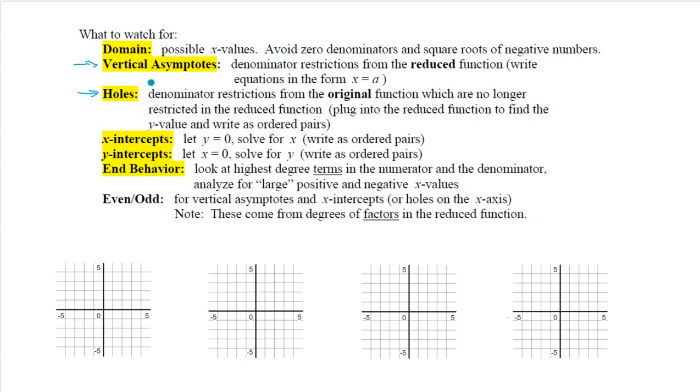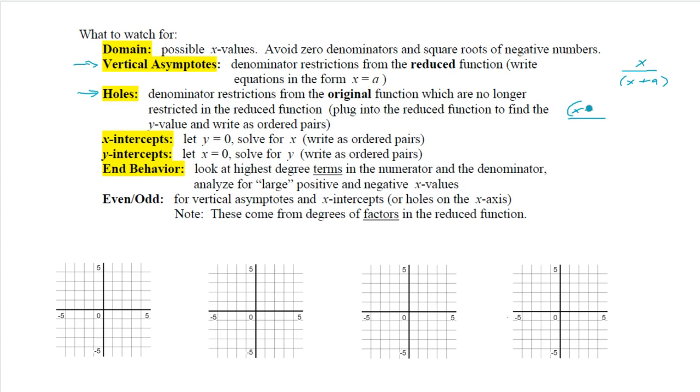Vertical asymptotes in particular occur when we have rational functions in which we have a factor found below in the denominator that cannot be eliminated by a corresponding factor in the numerator. And so this creates a vertical asymptote. A hole is found when we have a factor in the denominator that can also be found in the numerator.